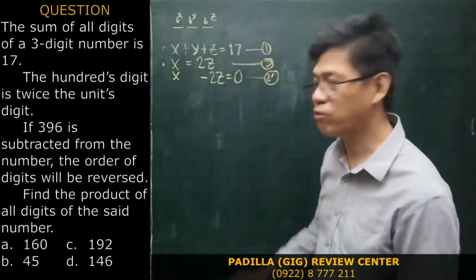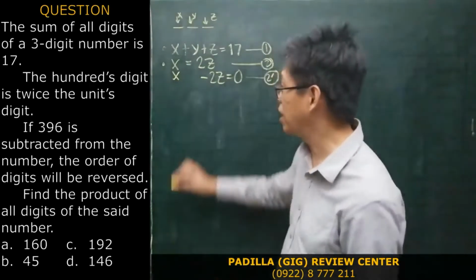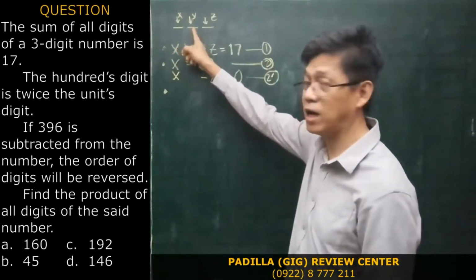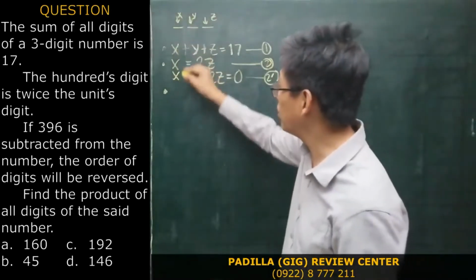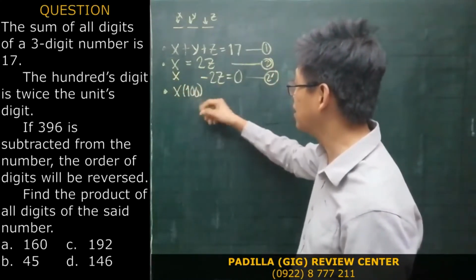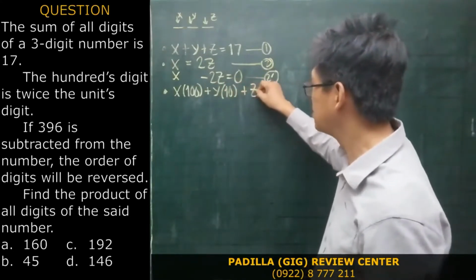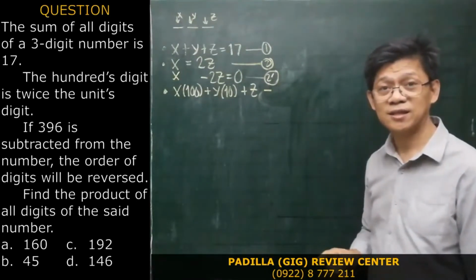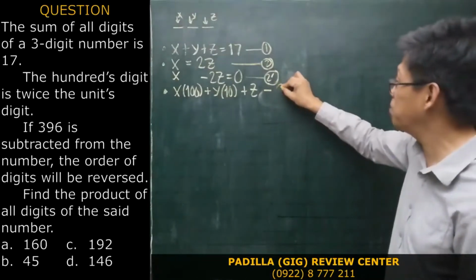Now, condition number 3 says, if 396 is subtracted from the number, since X is the hundreds digit, Y the tens digit, and Z the units digit, the number in equation form is 100X plus 10Y plus Z, minus 396. That would be 300 plus 90 plus 6.